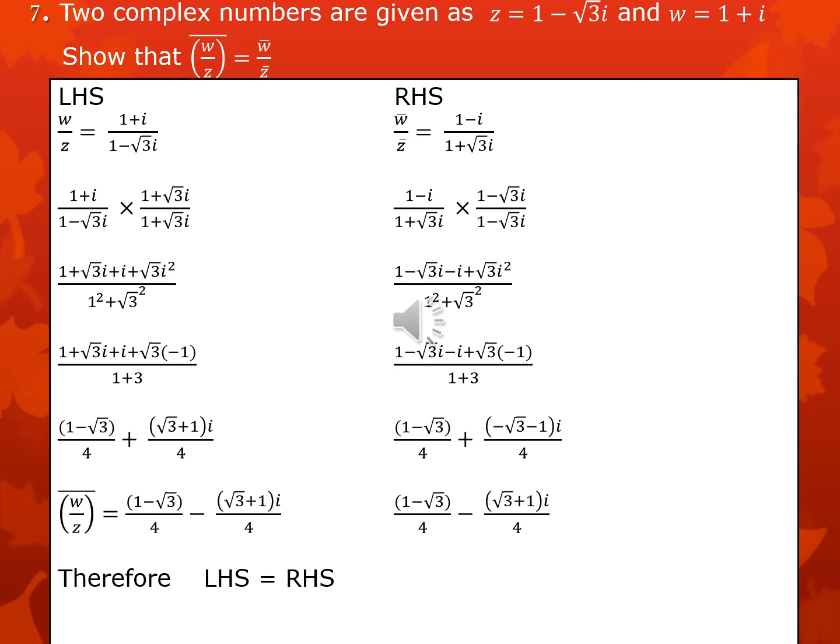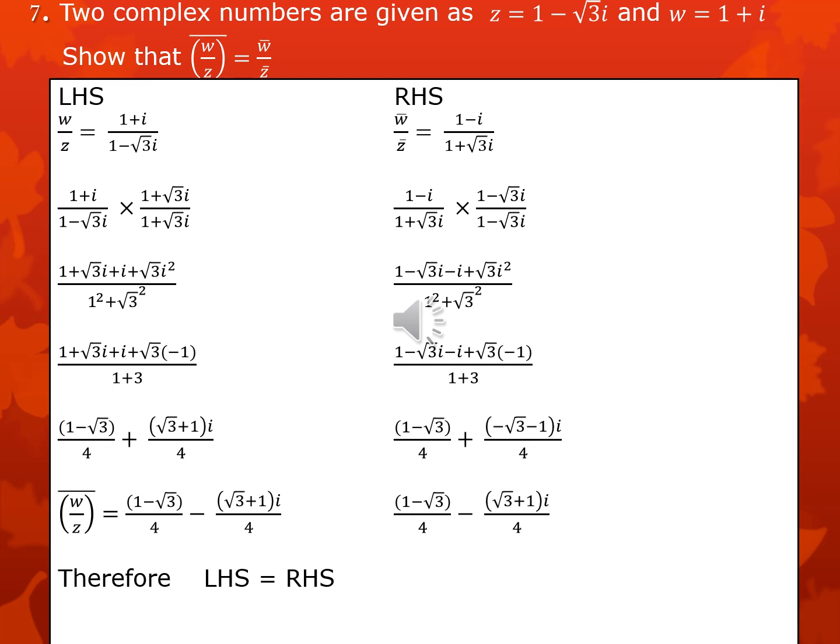Now conjugate of w over conjugate of z is 1 minus i over 1 plus root 3i, and that will be multiplied by the conjugate of the denominator, which is 1 minus root 3i over 1 minus root 3i. Simplifying the numerator using the distributive property gives us 1 minus root 3i minus i plus root 3i squared. Simplifying the denominator gives us 1 squared plus root 3 squared.